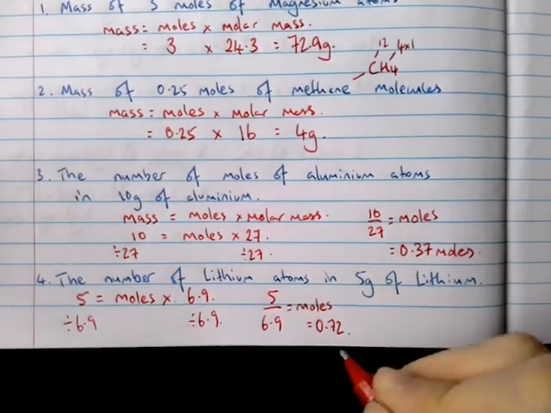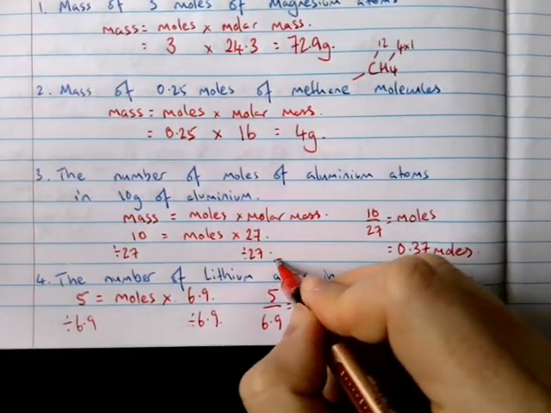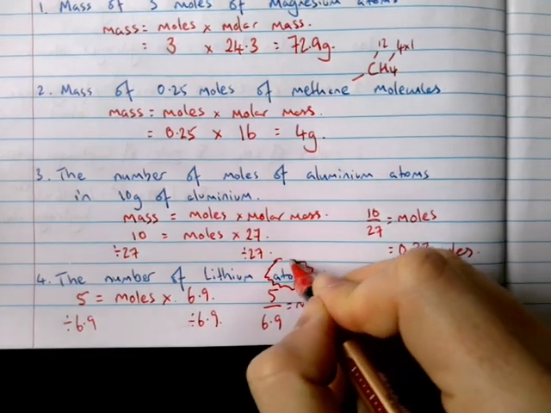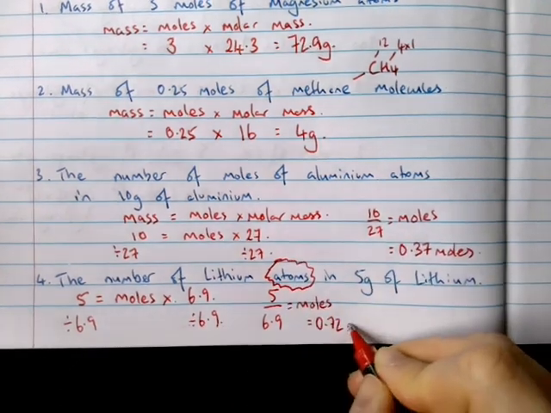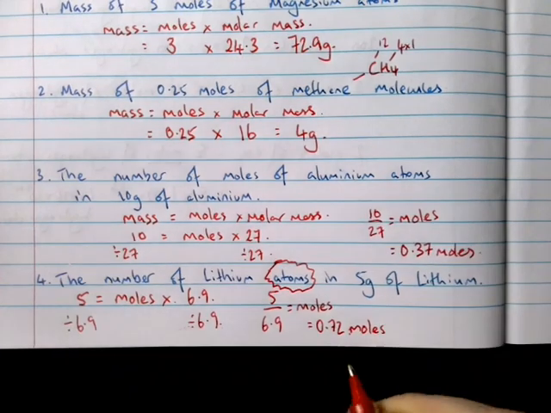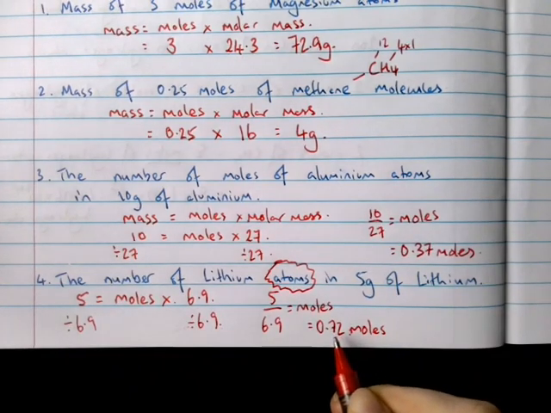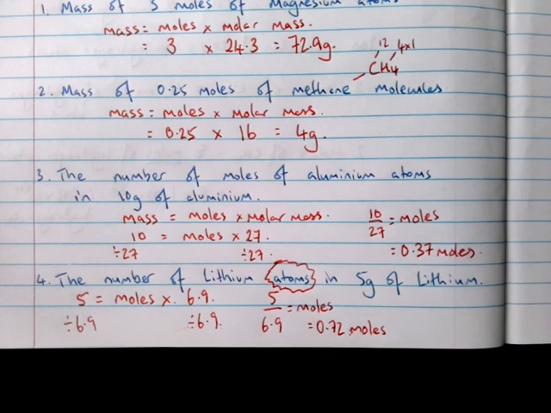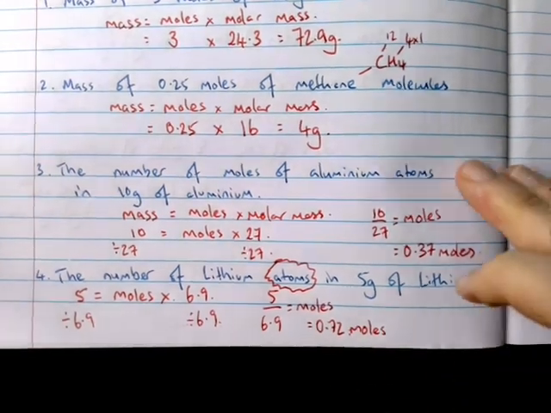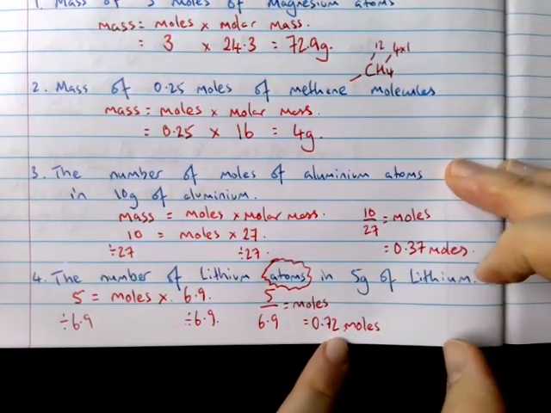However, the question has asked me for the number of lithium atoms. All right, so what do I do? Well, I know that I've got 0.72 moles of lithium atoms, and in 1 mole, I would have 6.02 times 10 to the 23. So to get the number of atoms, I just multiply this by Avogadro's number.